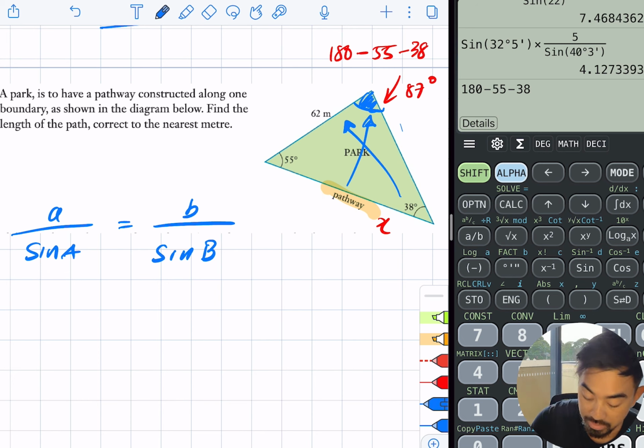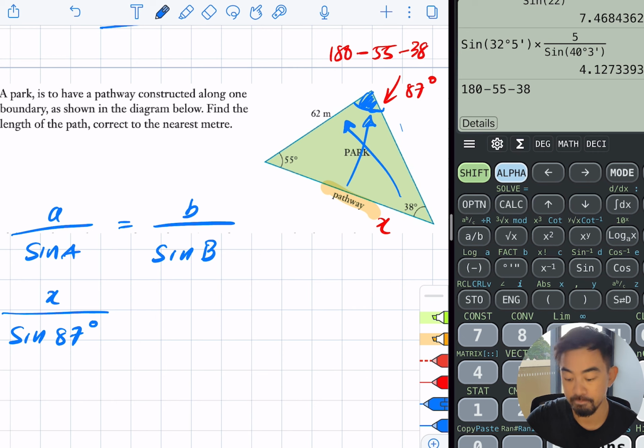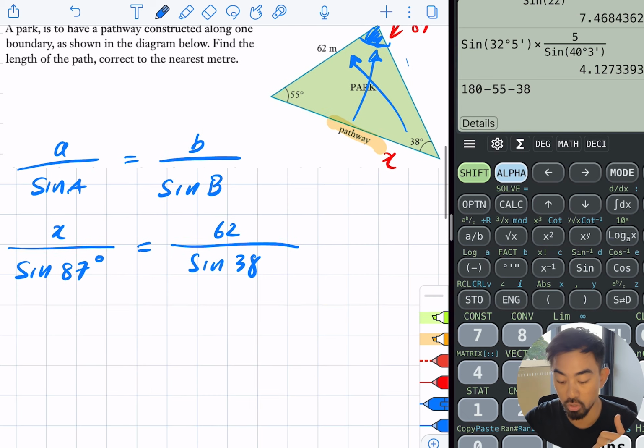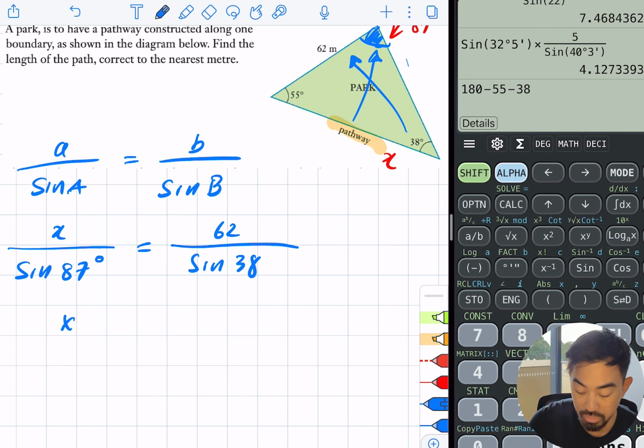So here we go. a is x over sine A, which is sine 87 degrees, which we just found. And that's going to be equal to b, which is 62 meters, over sine 38. So now it's just like before, get the sine 87 on the other side.